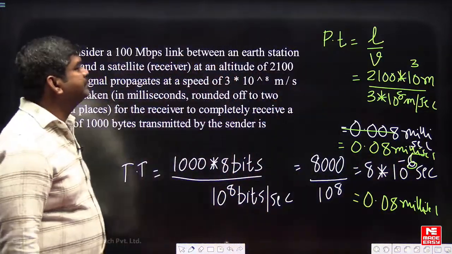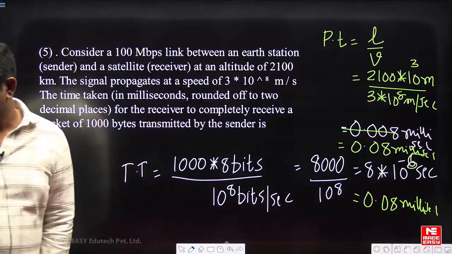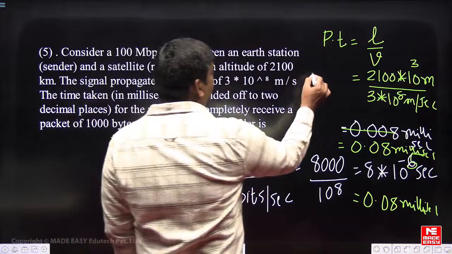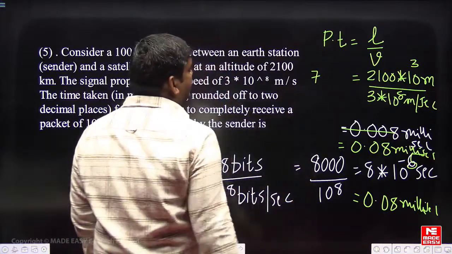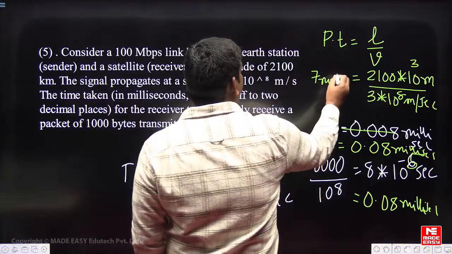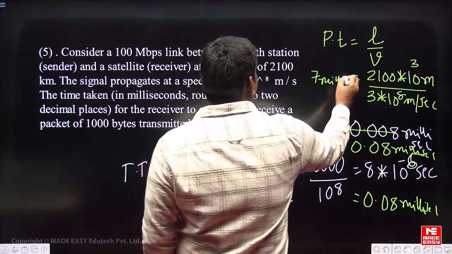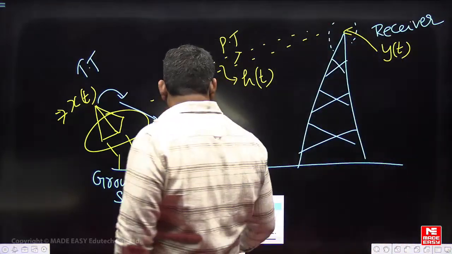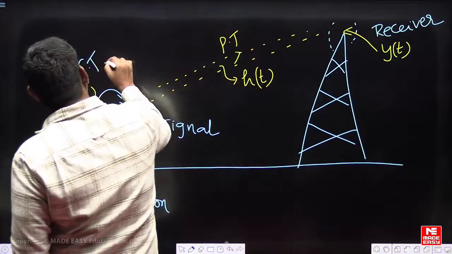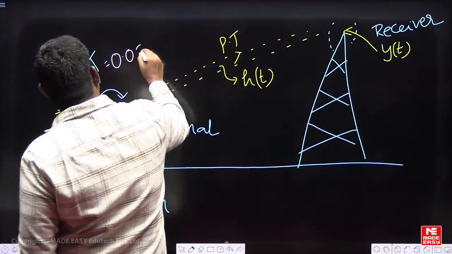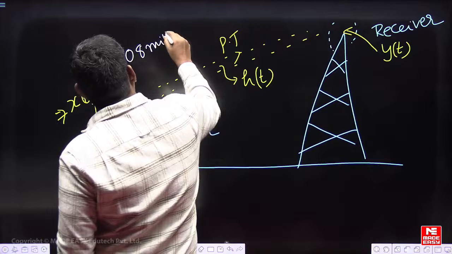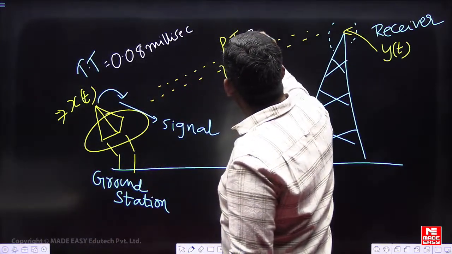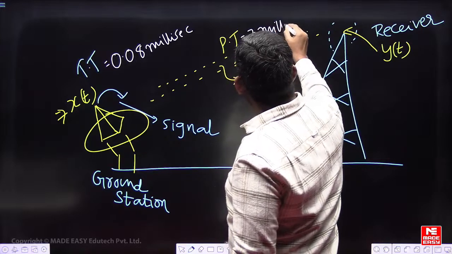Calculate the propagation time. This value is 7 milliseconds. So for transmitting this particular signal it takes 0.08 milliseconds, and for the signal to propagate it takes 7 milliseconds.